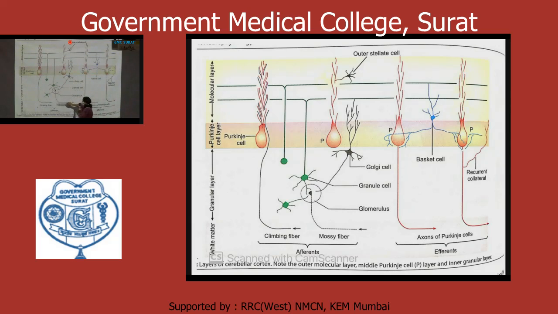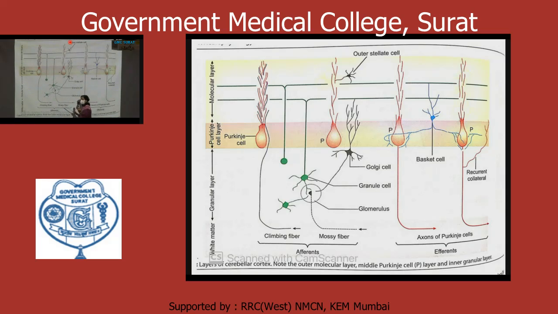Climbing fibers come from the inferior olivary nucleus. And the mossy fibers are the second order neurons from the rest of the incoming tracts.